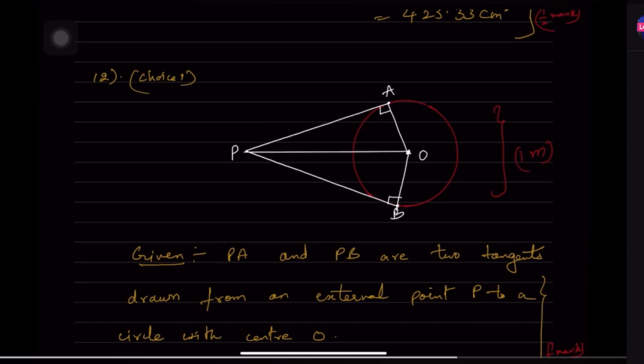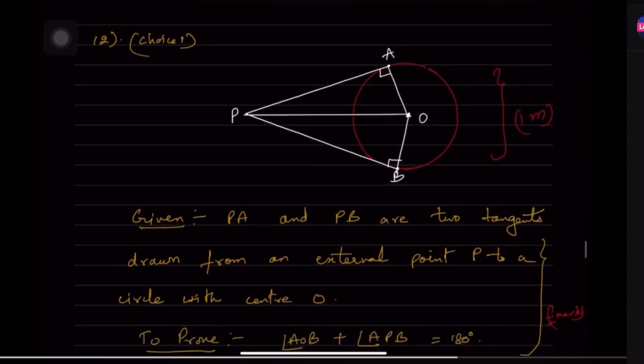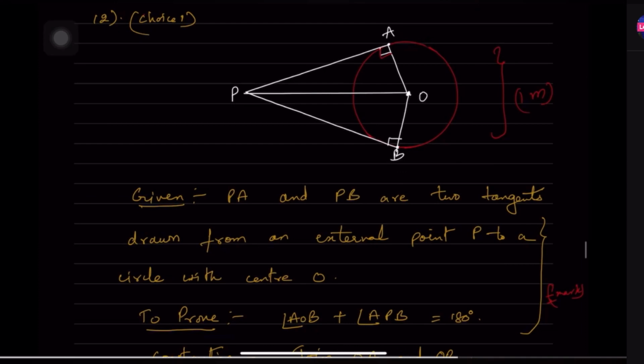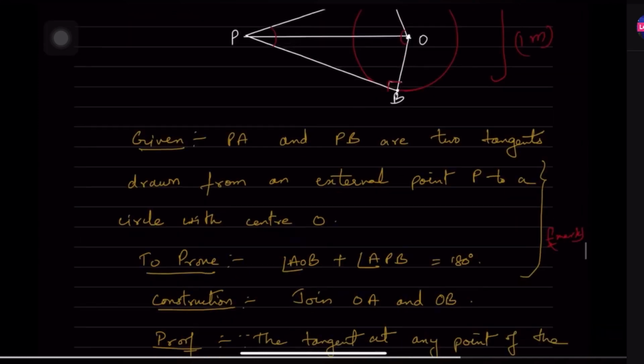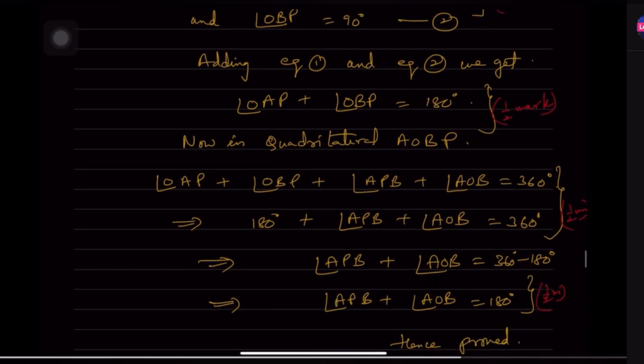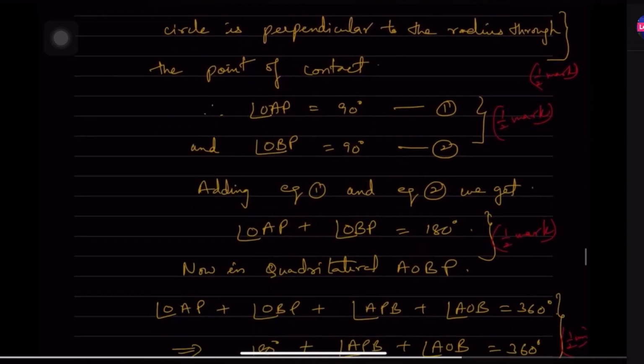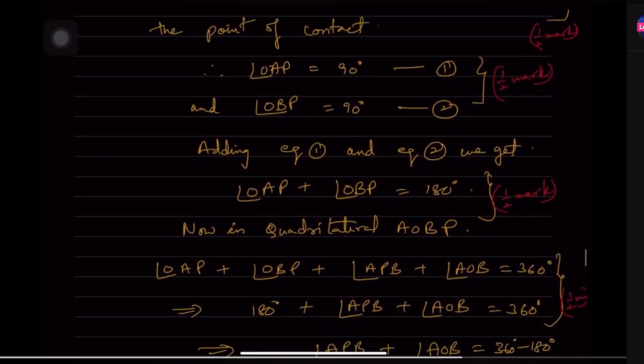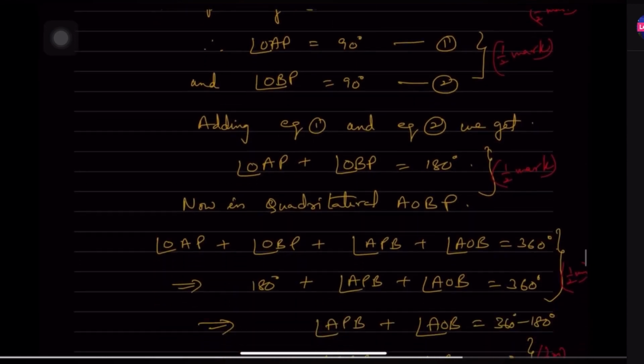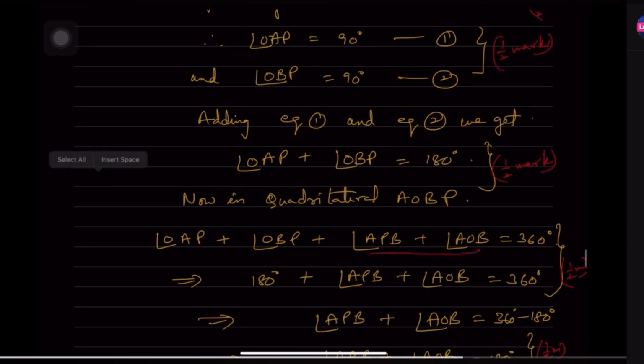That is angle PAO, this angle plus this angle plus this angle plus this angle, all the four angles if you are adding, that is angle PAO plus angle AOB plus angle OBP plus angle BPA, we are getting it as equal to 360 degrees. So which implies we have to prove that angle AOB plus angle APB is equal to 180 degrees.